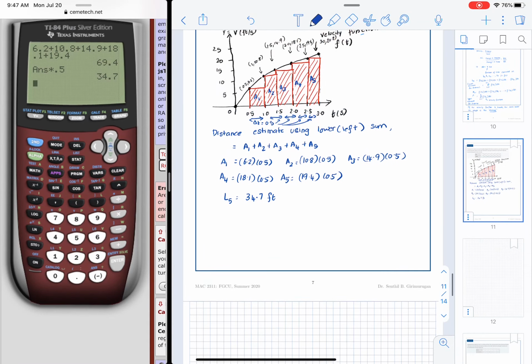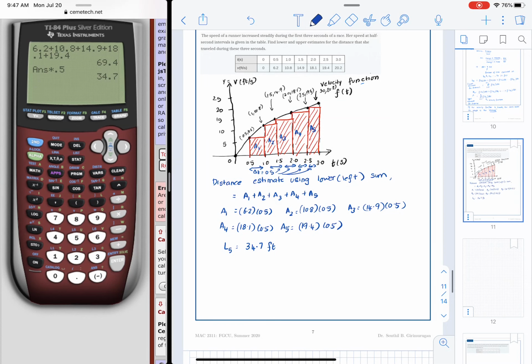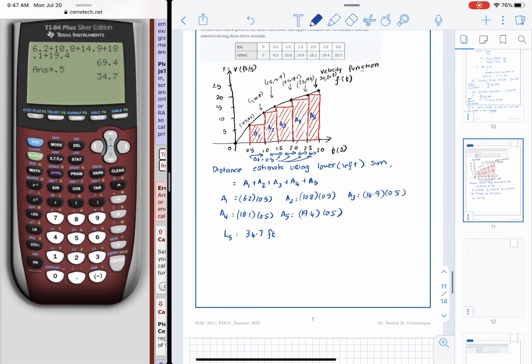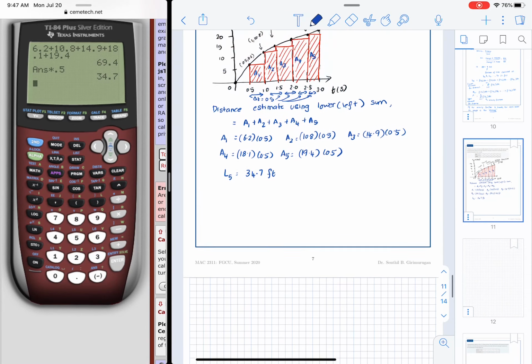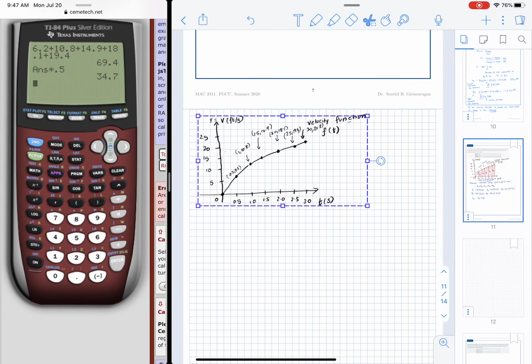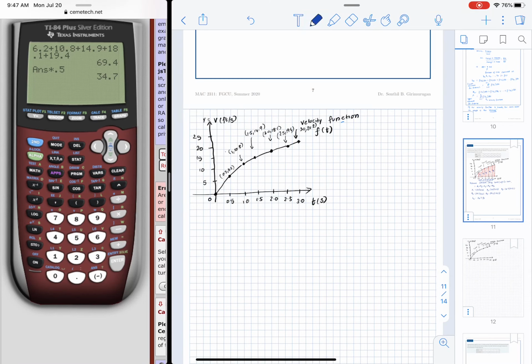So we have to do the same, but this time we're going to do it for the right estimate. So let's paste the graph here. Mark out our endpoints for each rectangle. And this time we're going to start from the right-hand side.